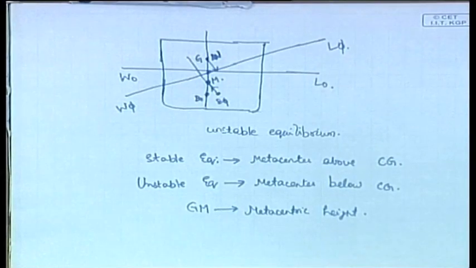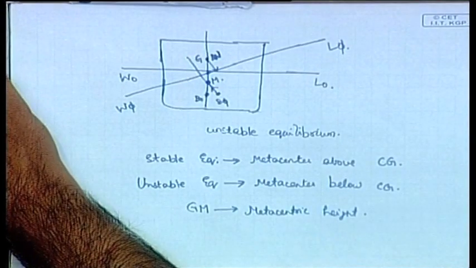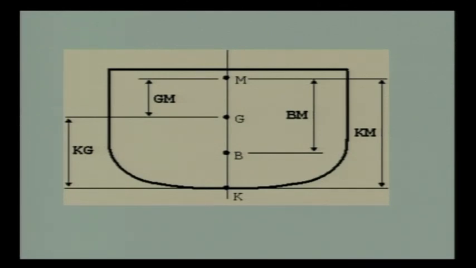If you look at this figure, you see the different terms that we need. First is GM. As you can see, it is the distance between G and M. Next is BM. For our later studies, we will need all these 4 points, M, G, B and K. All 4 are important.